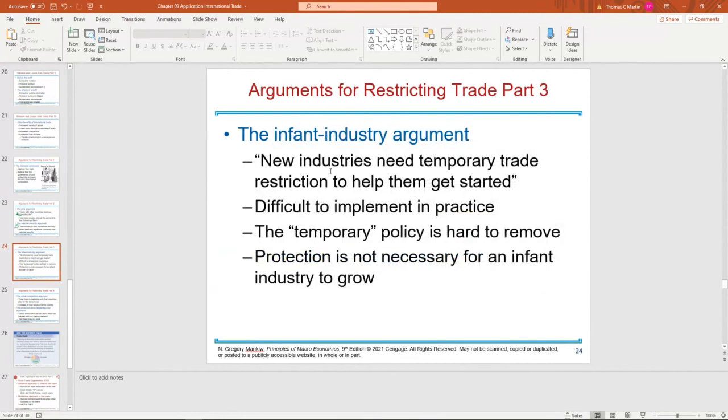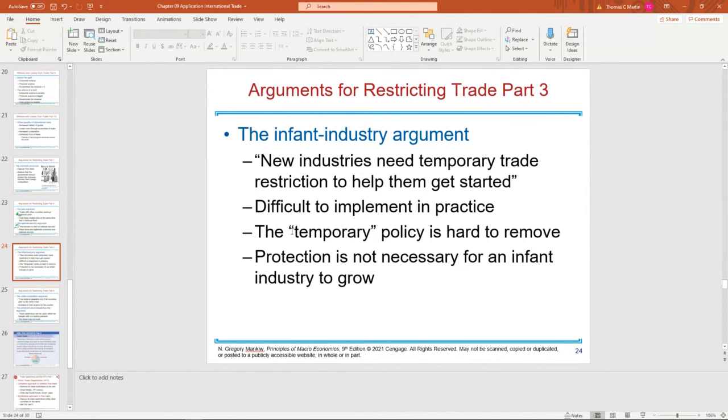Infant industry. Let's say that I come up with a new product. Nobody in the world has it. I have the patent or copyright of that product. The government can protect me to allow me to get started, to get to where I can develop the product on my own, deliver the product, make a profit, and the government can protect me until I can get to that point.